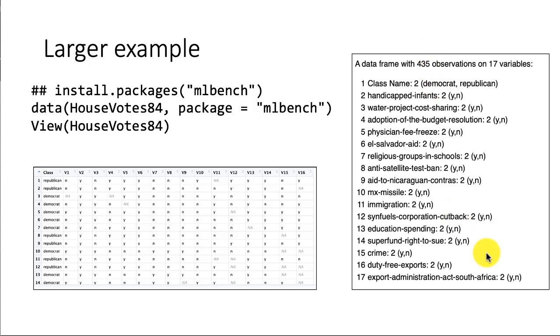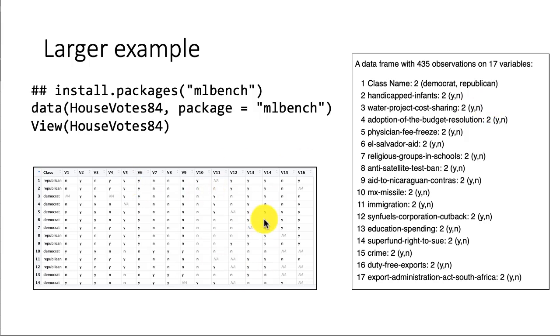So here are all the things. For example, the second is some bill concerning handicapped infants. The congressperson can vote yes or no. Or waste project cost sharing. Again, you could look at the actual bill and the person voted yes or no. This is what you have.